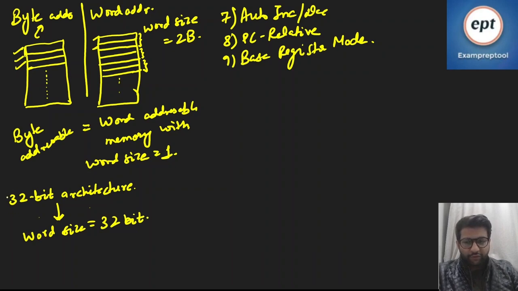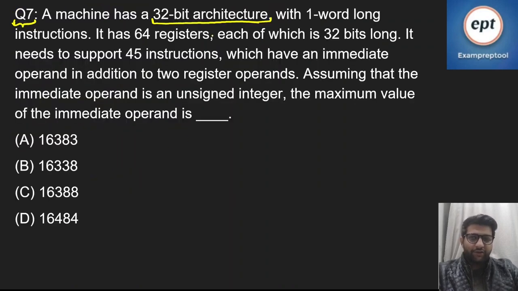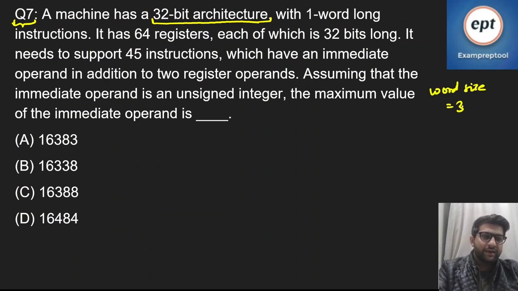If it was 64-bit here, then the word size would have been 64 bits. So you have to remember what type of information you have to take from what type of language. Here it is given that a machine has 32-bit architecture. This means that the word size is 32 bits.